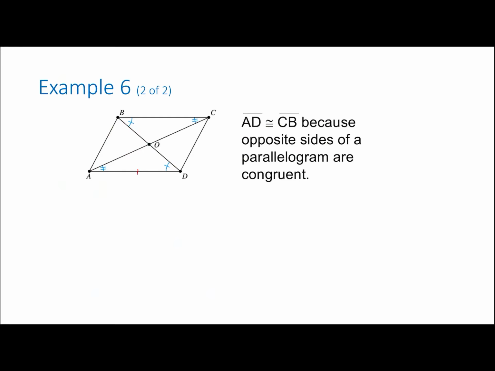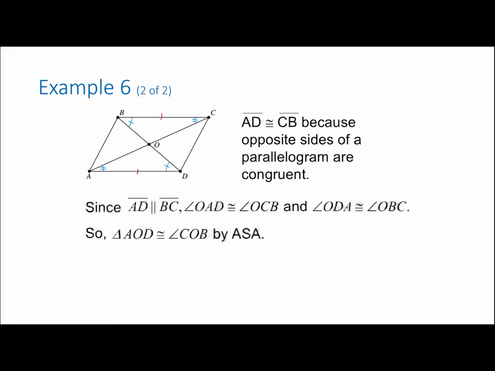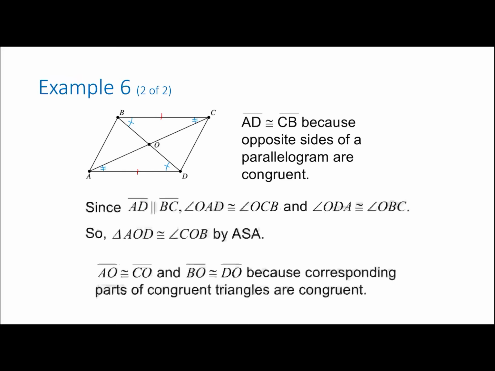Now, since we're trying to show that, we really just needed to show those two triangles had to be congruent. And so we started listing the things that we knew. We knew that segment AD, this one at the bottom here, and segment CB had to be congruent, based on the fact that the problem told us that opposite sides of a parallelogram are congruent.